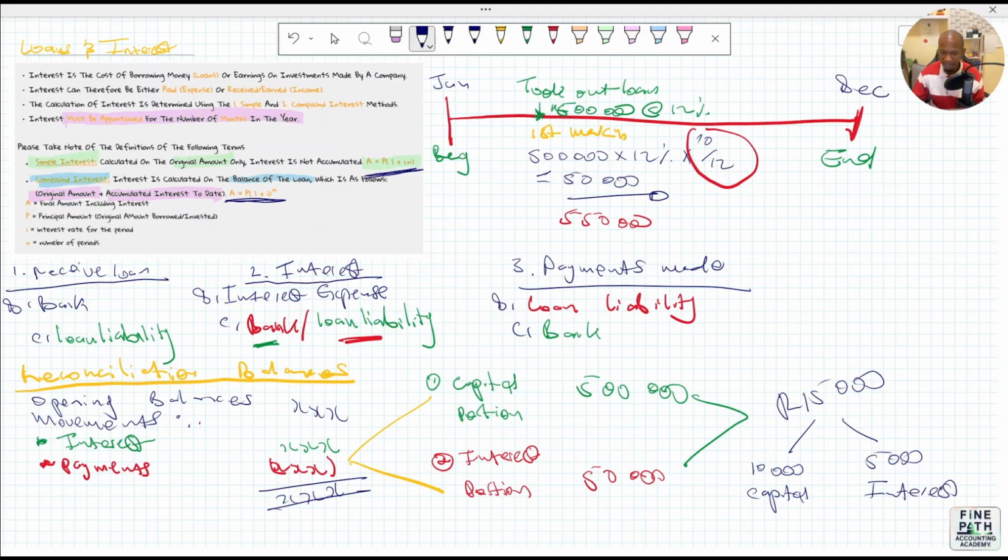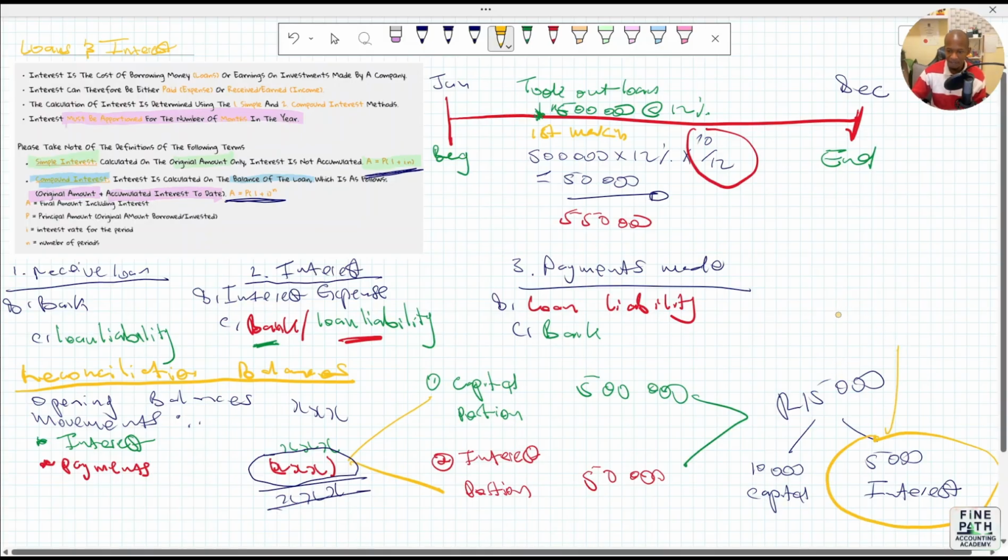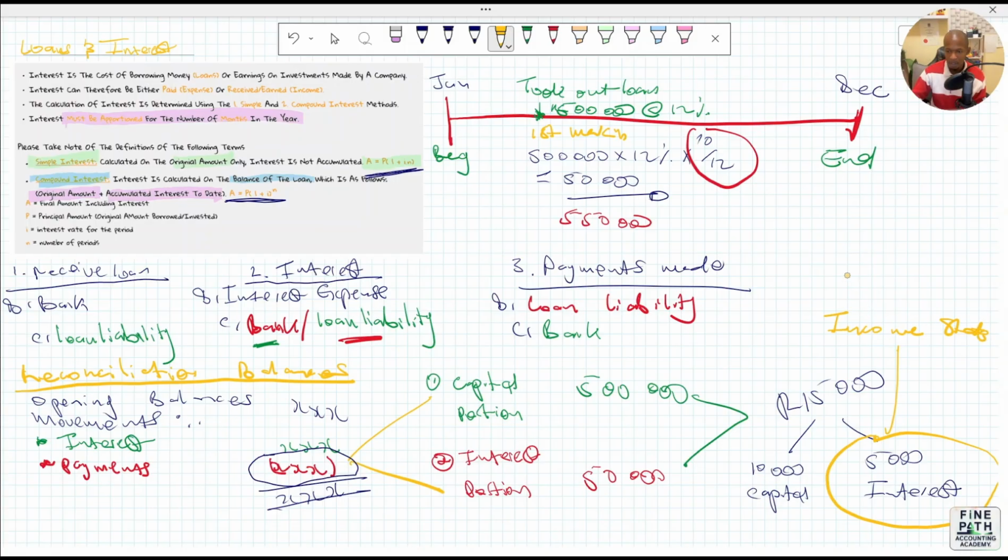I am saying this because they might give you everything here, and then you might be required to calculate this figure here. If you are required to calculate this figure, you need to know that if you get 15,000, 10,000 is for capital, 5,000 is for the interest, because it is important for us to know how much is interest. This is the figure that will go to our income statement and your cash flows as well.